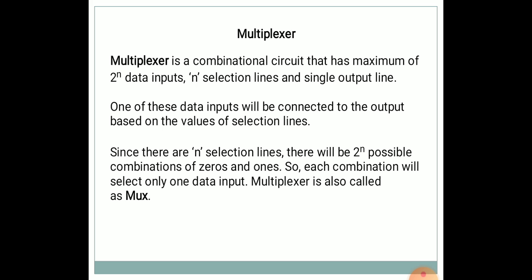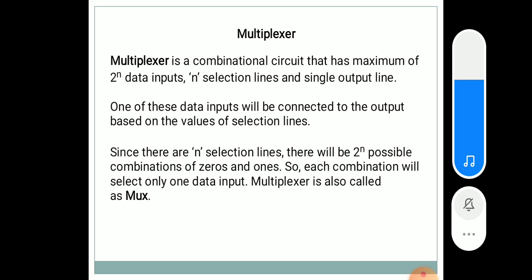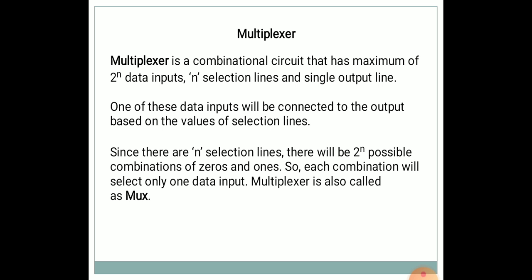A multiplexer is a combinational circuit that has a maximum of 2^n data inputs, n selection lines and a single output line. One of these data inputs will be connected to the output based on the values of the selection lines.